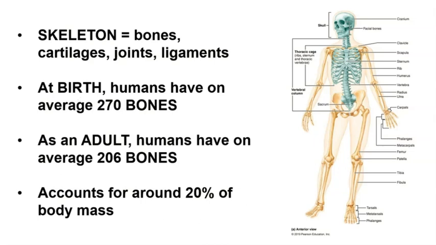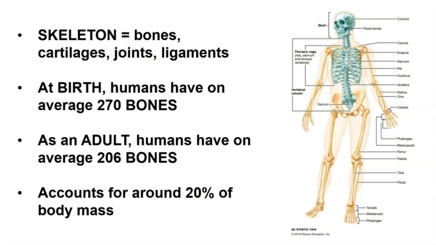So at birth, humans have approximately 270 bones, but as we mature into adults, we have on average about 206 bones. So where do these 64 bones go? They don't just disappear.